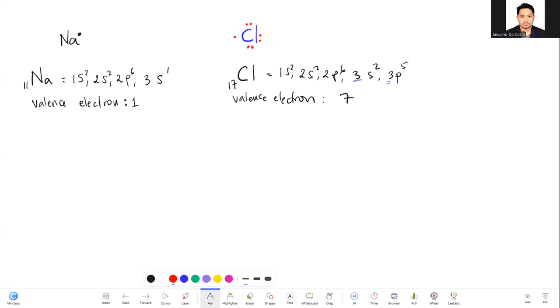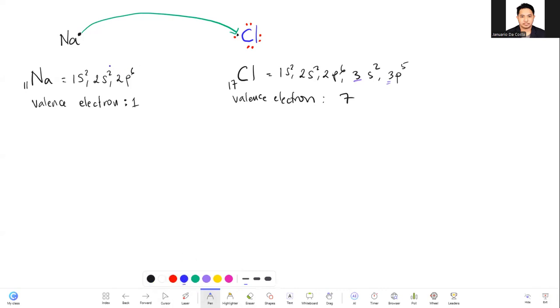Right now, what will happen is that sodium gives out this 1 electron to chlorine over here. So sodium, this one is already gone, correct? Because it has already given 1 electron. Is sodium balanced or not?